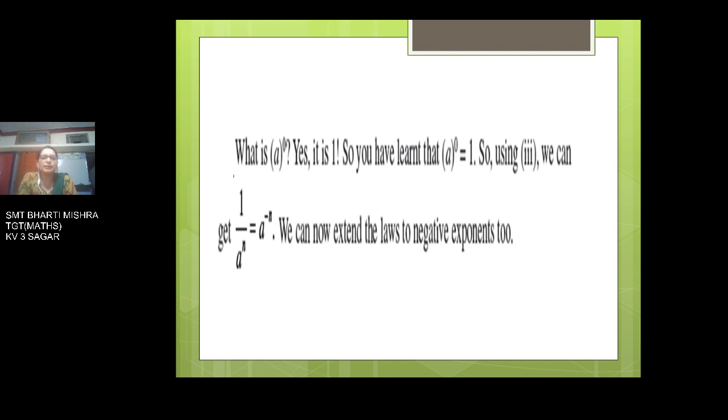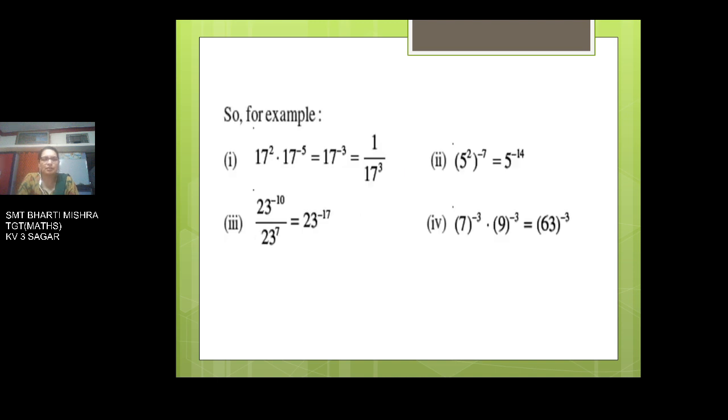We have studied in the previous class, any number raised to the power 0 is 1. And when we are considering the term 1 upon a to the power n, we have got the negative exponent, that is a to the power minus n. Students, remember this property will be used further in the exercise.